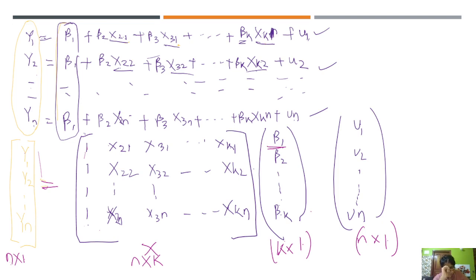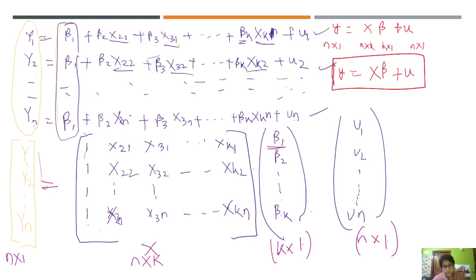If you write it simply, it will be y equal to X beta plus u, where y is an n times 1 matrix, X is n into k, beta is k into 1, and u is n into 1. So you can simply write y equal to X times beta plus u. This is the simplest format to write any number of observations or variables.